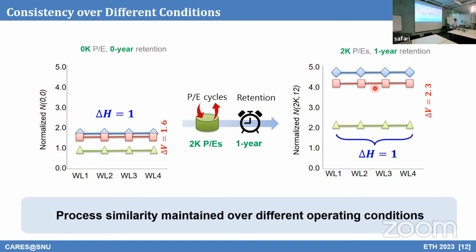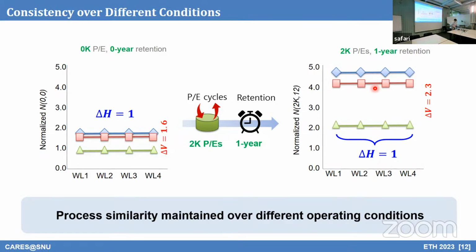All 3 horizontal layers have almost the same number of errors. So this similarity gives you very strong motivation for read or write optimization.